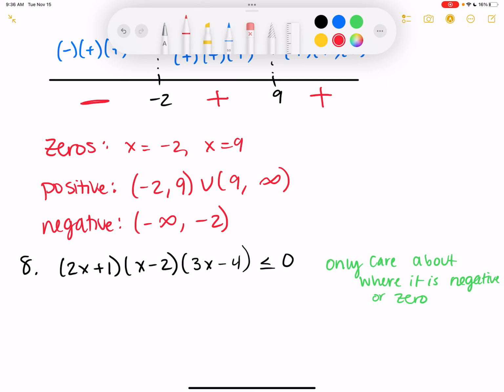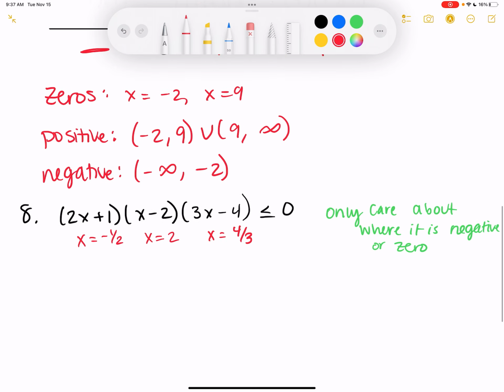So we find zeros the same way. I have a 0 at x equals -1/2, at x equals 2, and at x equals positive 4/3. Fractions in these can be really annoying, especially when they don't have a whole number between them and the next number to check.